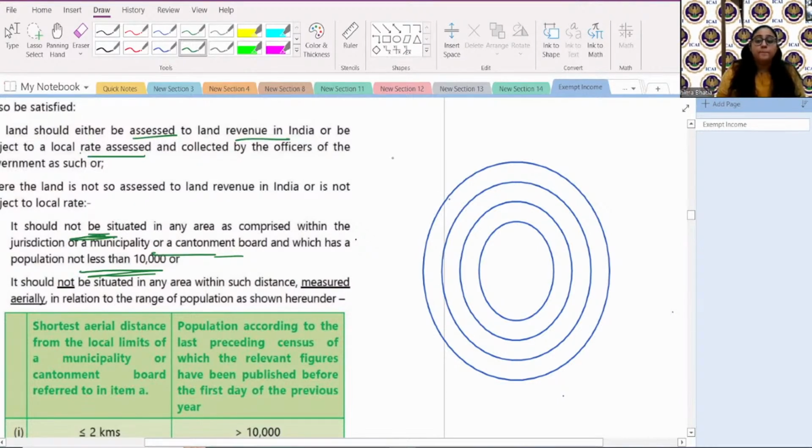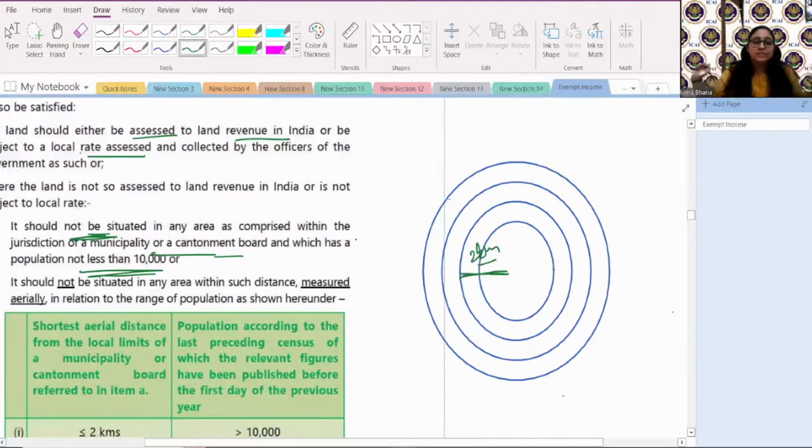Okay, but if the population of that cantonment area is more than 10,000 and up to 1 lakh, then if the cantonment area में कोई land होगी, उसमें कोई farm building होगी, that would also not qualify, and also the farm building which is within the 2-kilometer range would not qualify for the agricultural income.